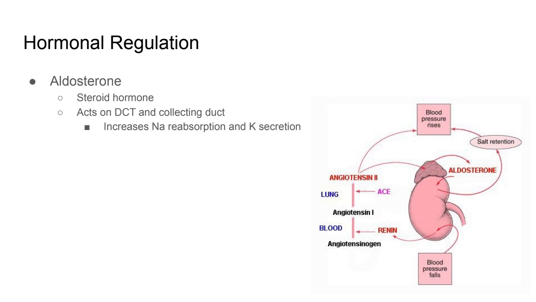So the first one we're going to talk about is aldosterone. Aldosterone is a steroid hormone, meaning it's a steroid lipid-based hormone. It is produced in the adrenal cortex. If you remember, the adrenal glands sit right there on top of the kidneys.